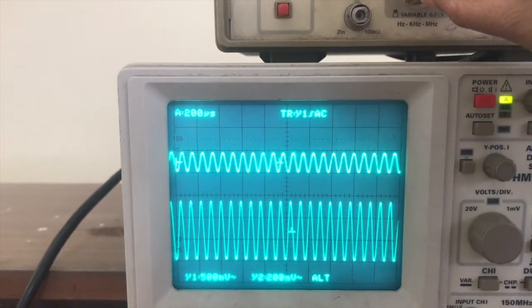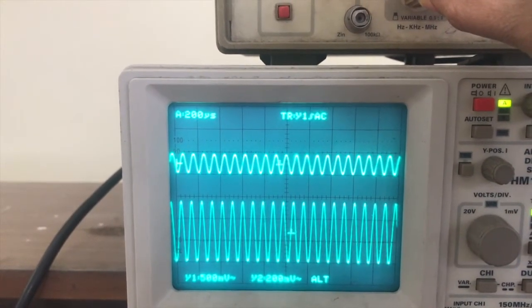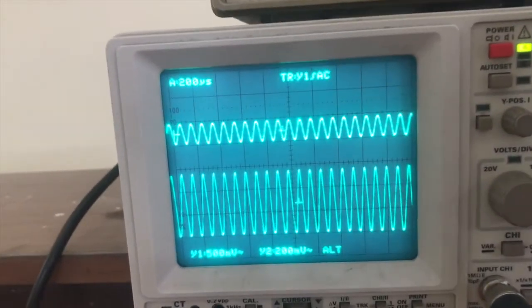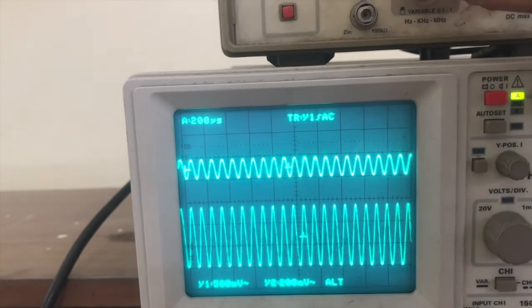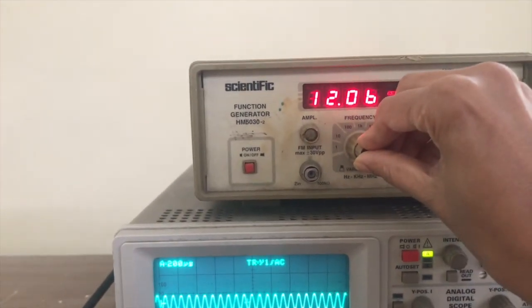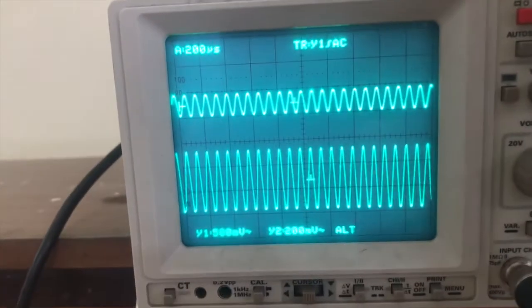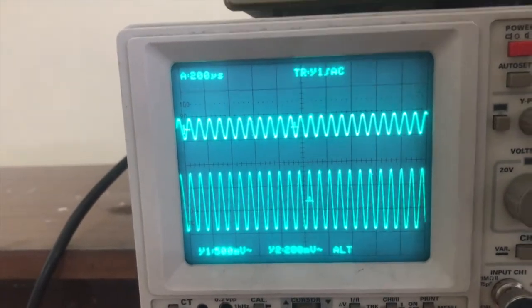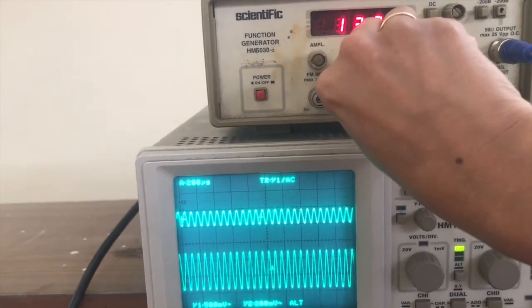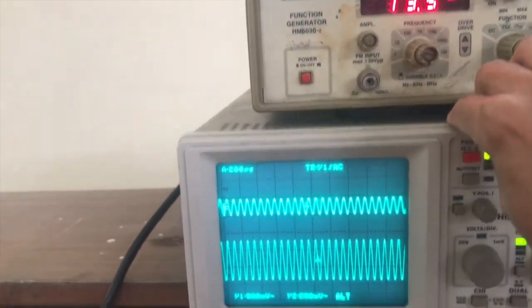Increasing it further to 11K, the amplitude here is less than 600 millivolts. At 12 kilohertz it is 500 millivolts. Then at 13 kilohertz it is less than 500 millivolts.